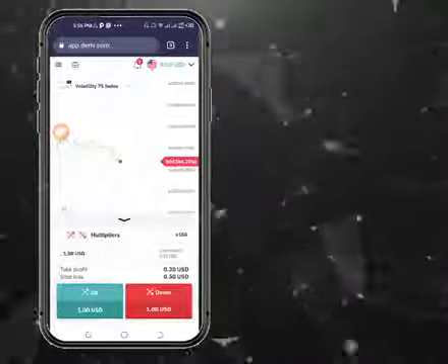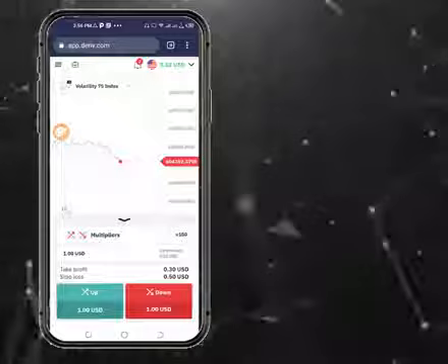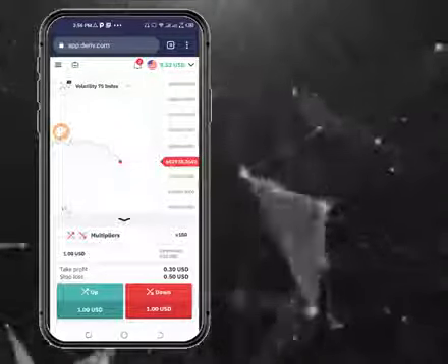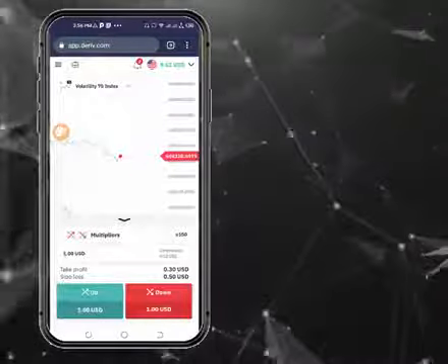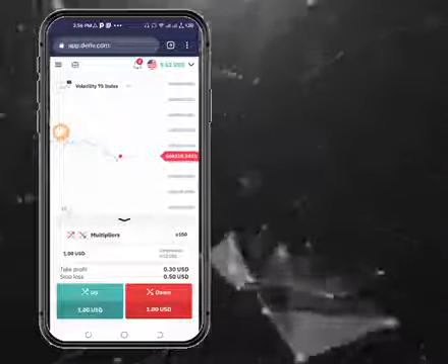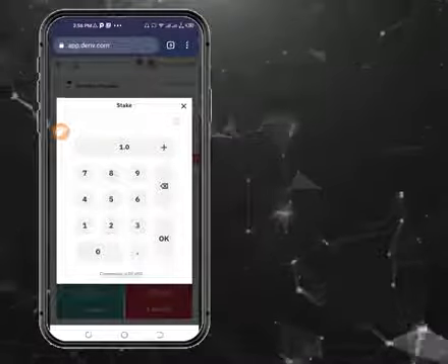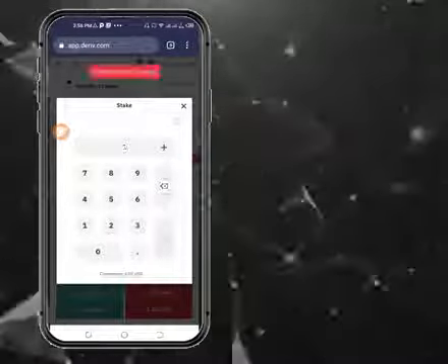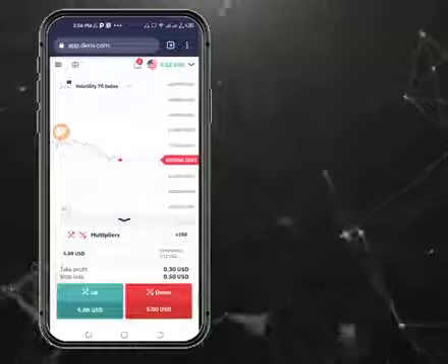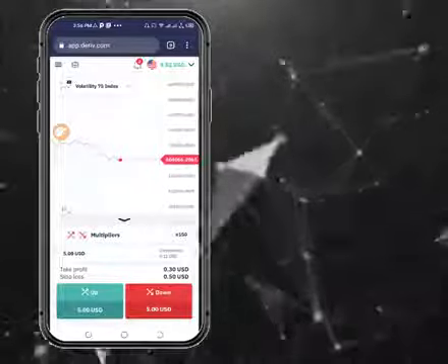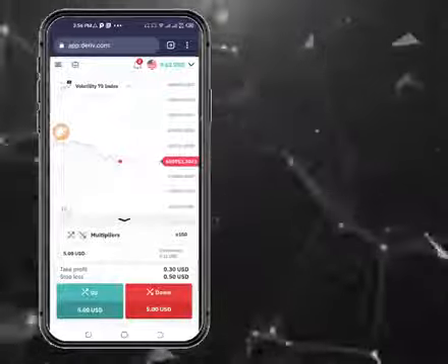Okay, fine. I'm going to try something bigger this time around. I would put in $5 as my stake. From the look of things, I want to see if it's going down, if it breaks through that resistance.